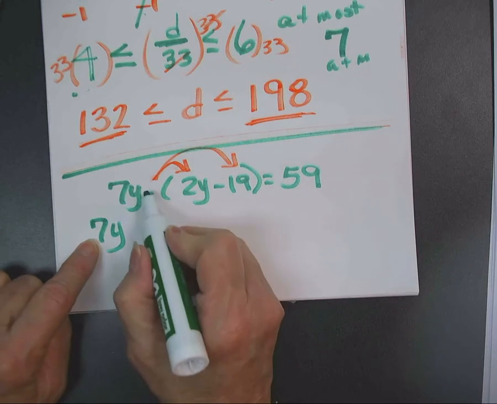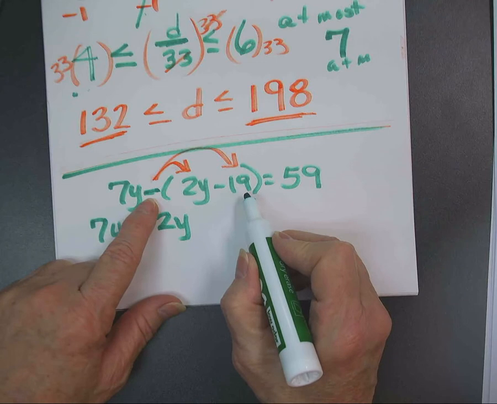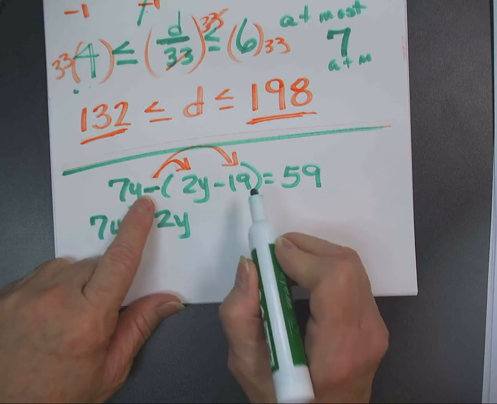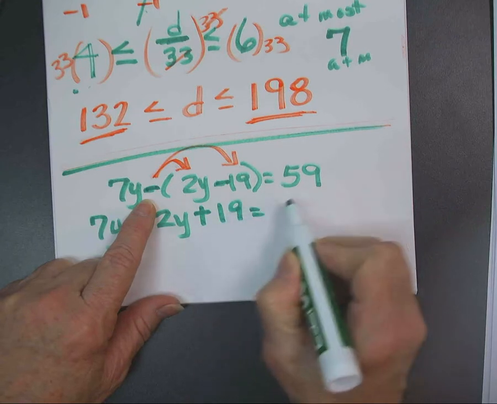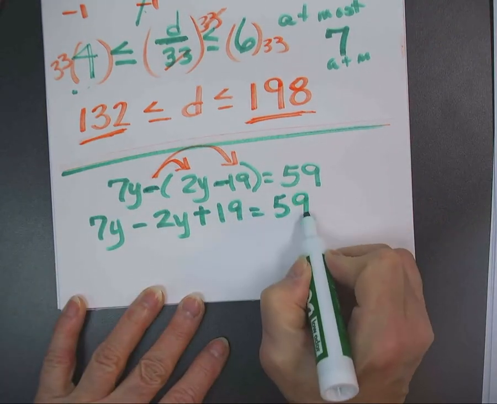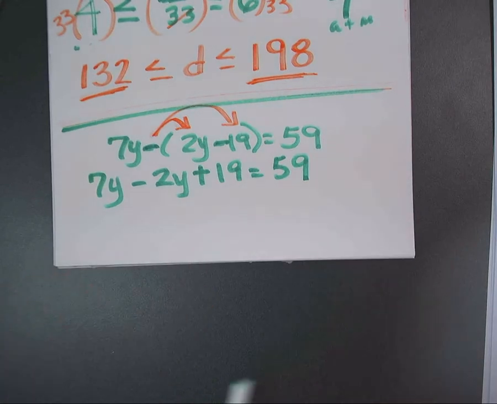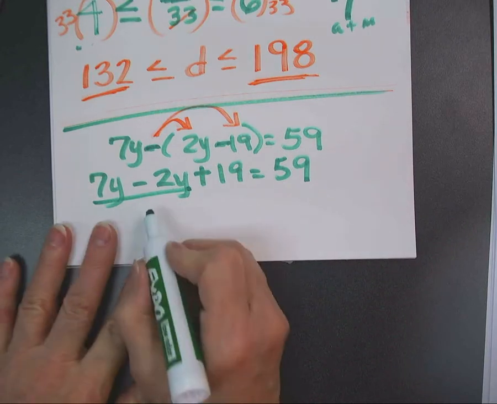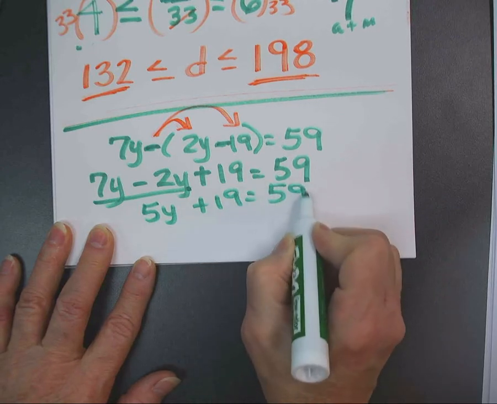Bring the 7y down, minus 2y, and then what? Positive 19. Plus 19 equals 59. Okay, now what do you do with this? Combine like terms. 5y plus 19 is 59.